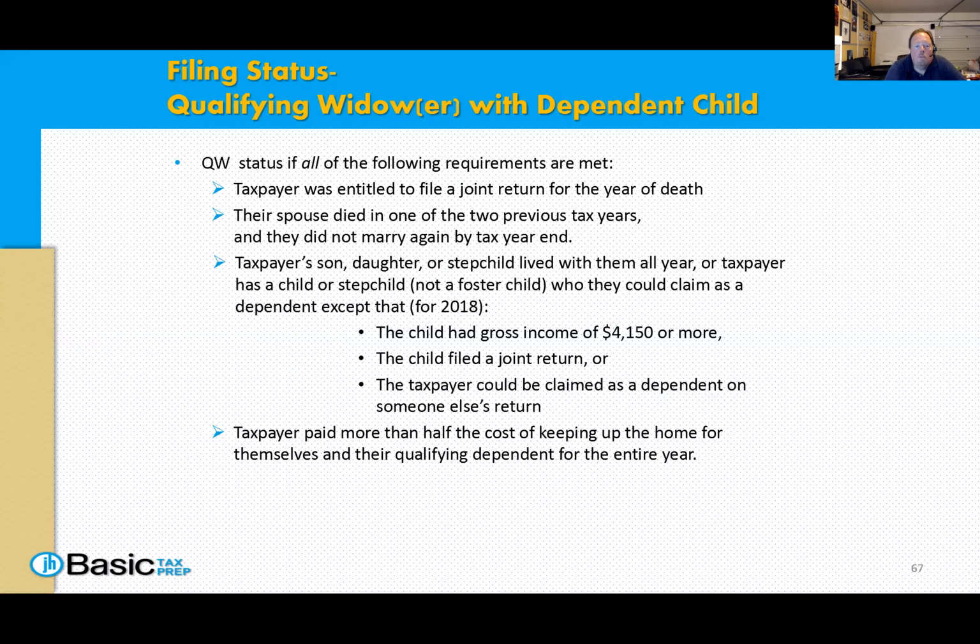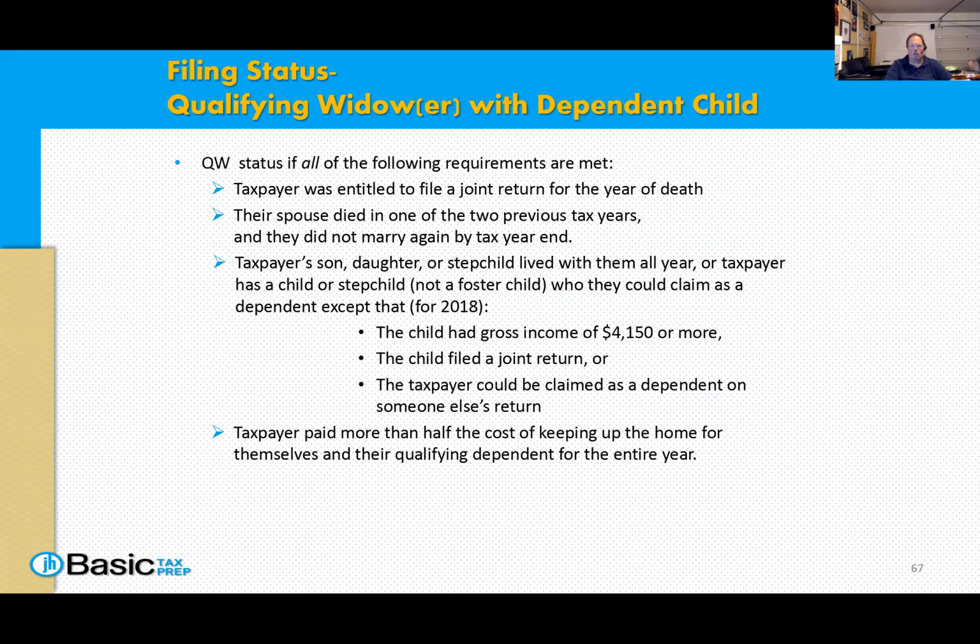Okay? The taxpayer's son or daughter or stepchild lived with them all year, or the taxpayer has a child or stepchild who they could claim as a dependent, not a foster child, except that the child had a gross income of $4,150 or more.